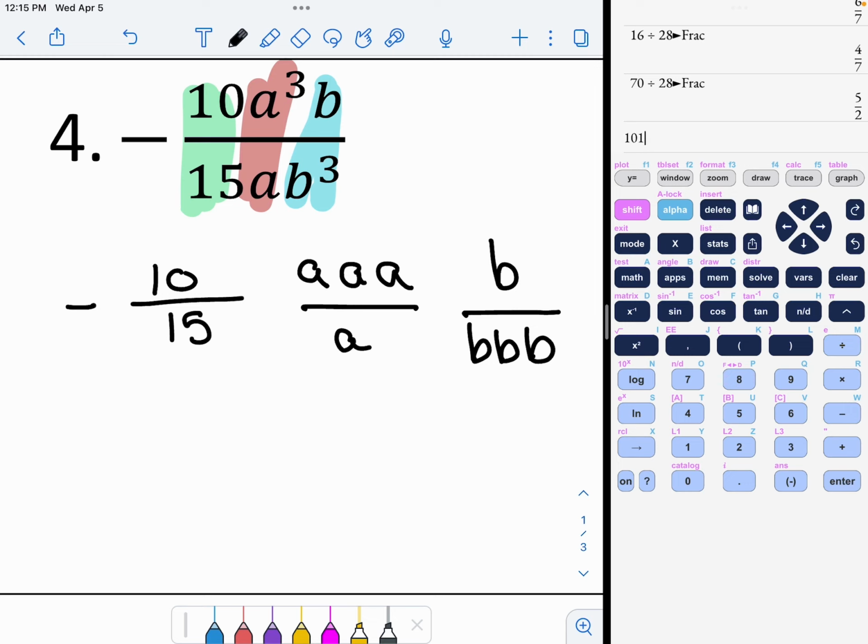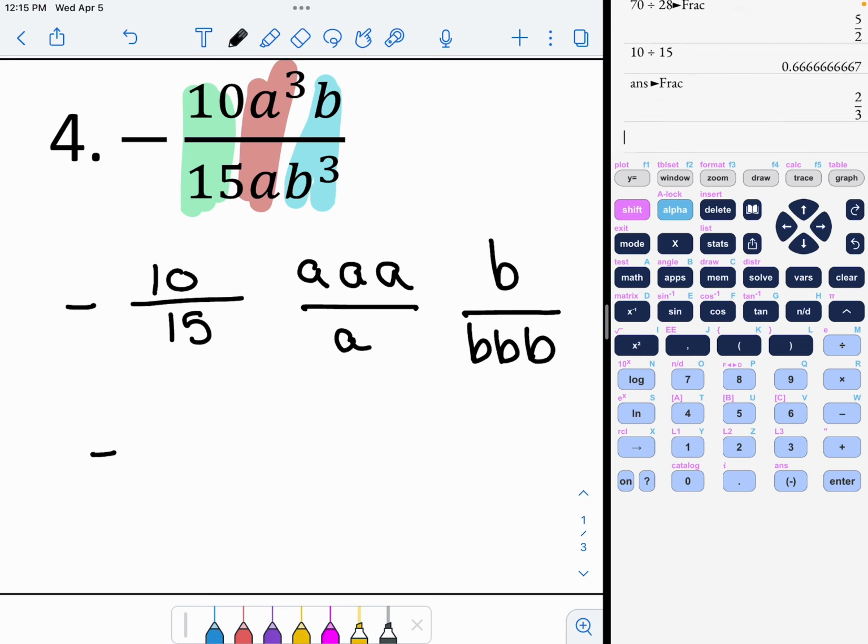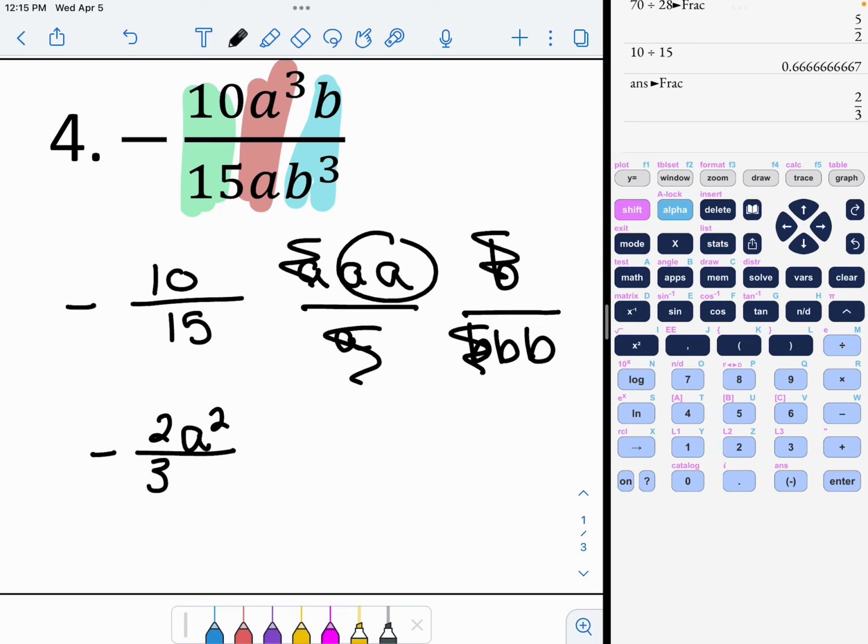Well, 10 over 15 is negative 2/3. One of these a's cancels with that one, and you're left with a squared when you put those back together. One of these b's cancels with one of these ones, and you're left with b squared in the bottom when you put those ones back together.